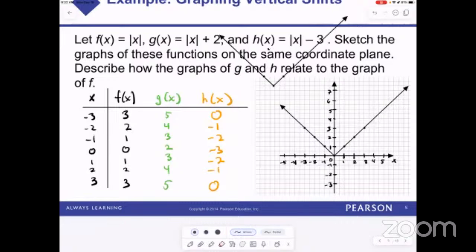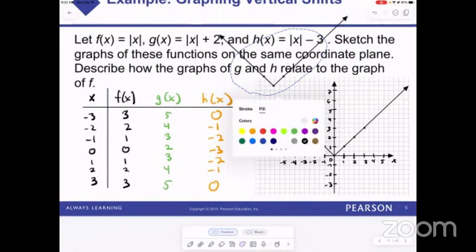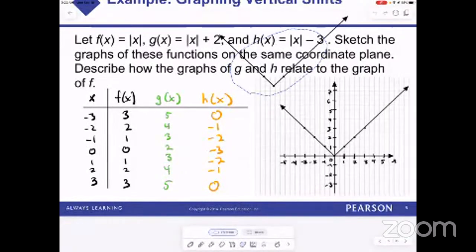Okay. So then G is in green. So I'm going to do this guy in green. Oh, okay. Let's undo. Oh, it's going to do that thing. Let me back up.